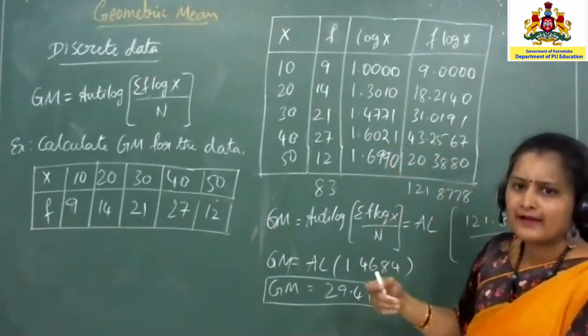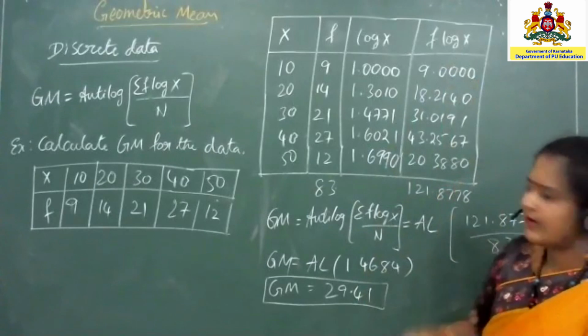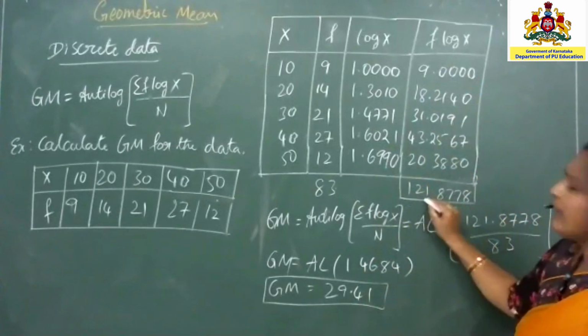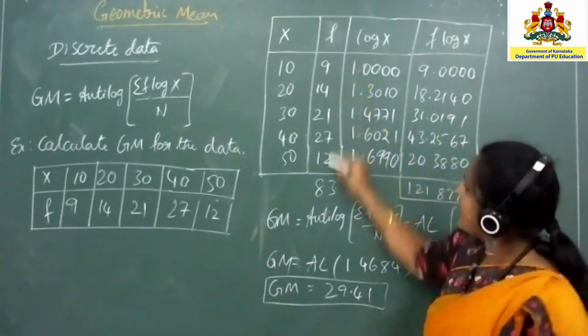You need to calculate these and then add all the values, so that you will get 121.8778.